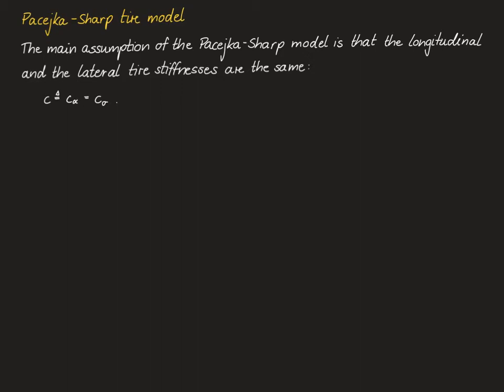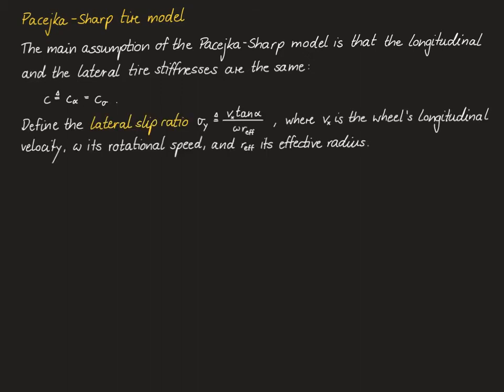of the resulting model. Next, we define the lateral slip ratio in analogy to the longitudinal slip ratio as the longitudinal velocity of the wheel multiplied with the tangent of the slip angle alpha divided by the rotational speed of the wheel and the effective radius of the wheel.